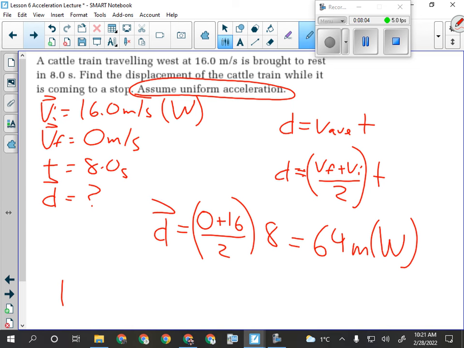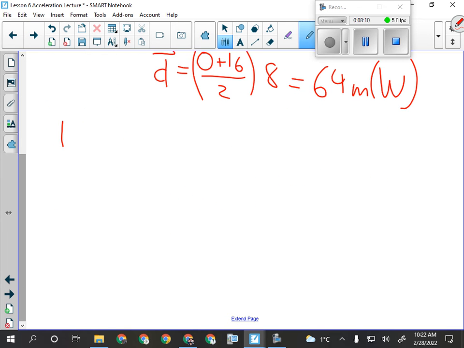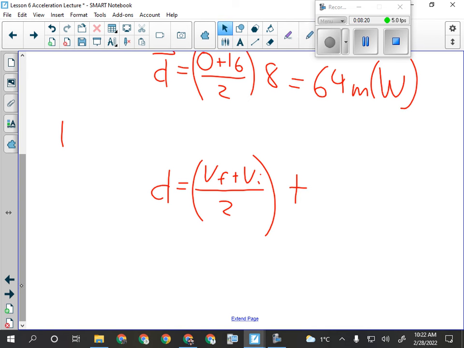Okay, everybody all right with what I did there? Okay, let's look at manipulations of this formula. If I wanted to solve for t, what do I do here?